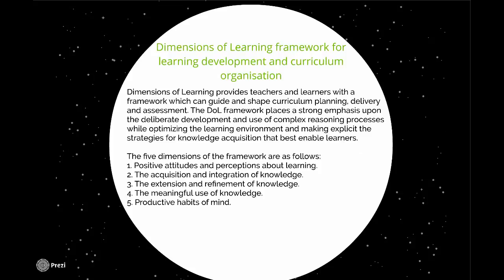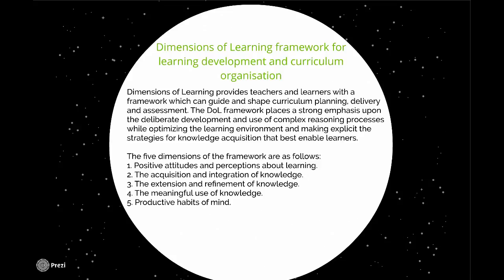And finally, another framework that was developed, and this was the first framework that Marzano put together in that period of sort of the mid to late 80s, a framework for creating learning and lessons with a strong emphasis upon the deliberate development and use of complex reasoning processes, while also optimizing the learning environment and making explicit the strategies for knowledge acquisition.